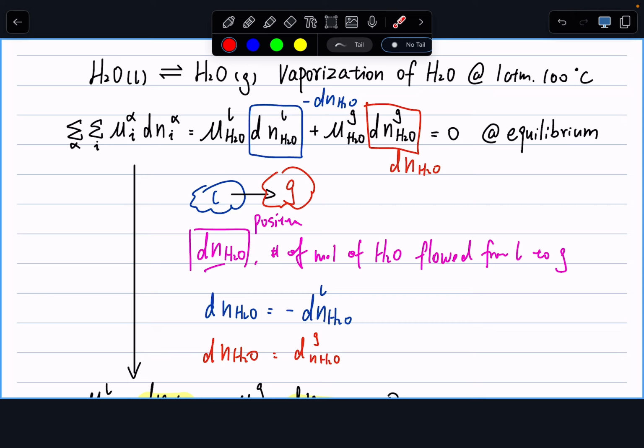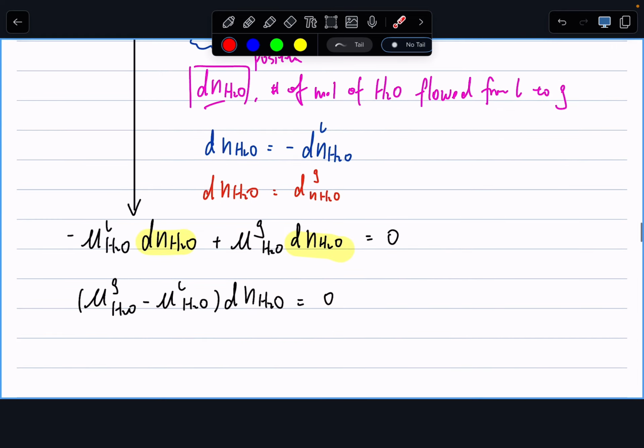Since we only have the liquid water and gas water interacting with each other, the total number of water that's being vaporized is basically the same, right? Whatever goes out from my liquid is whatever my number of water vapor increases, but the sign is flipped. So we end up getting an expression here.